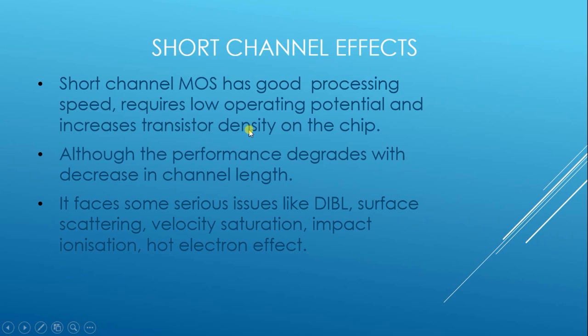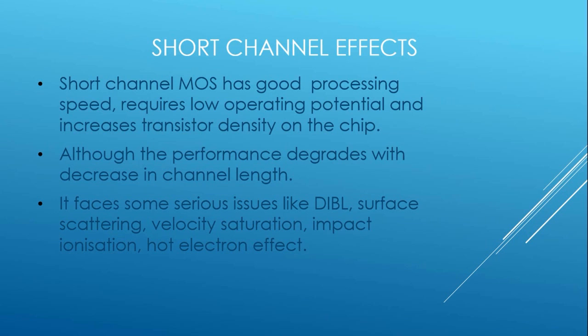Now let's see what the short channel effects are. First of all, what do we gain by shrinking the whole device? The short channel MOS has good processing speed. As the channel length is reduced, it shows good processing speed, and it requires a low operating potential.